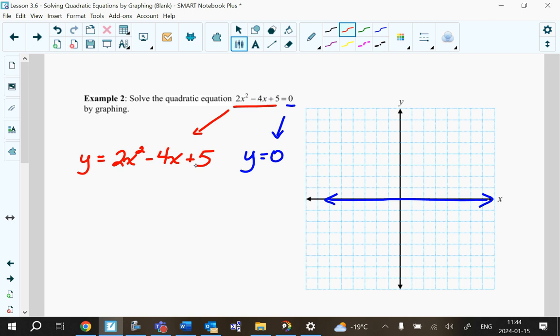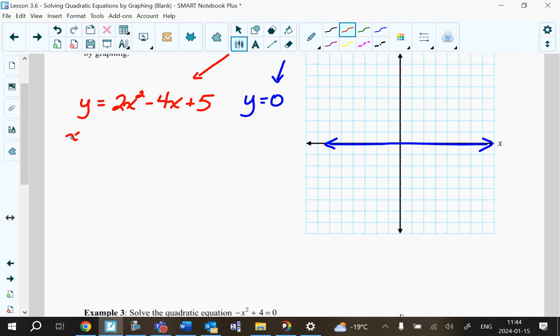And we use the same method to find the vertex. And then we see whether it opens up and whether it stretches, and then we graph it. So to find the x vertex, it's negative b over 2a, which will be negative negative 4 over 2 times 2, which gives us 1.